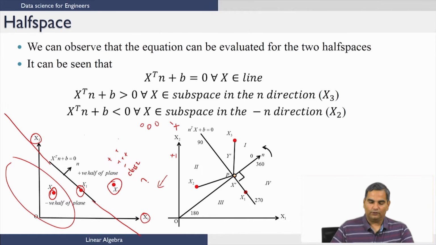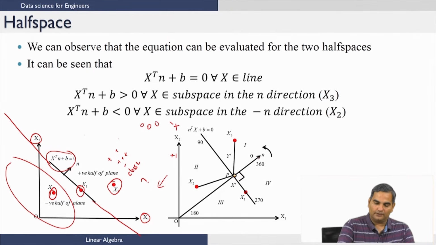So, the way we are going to do this is the following. We know that when I write an equation of the form x transpose n plus b equals 0, n is normal to this line, something we have already described. However, there is an important point to note here. The normal could be defined in 2 ways.